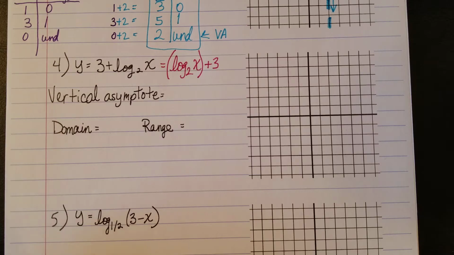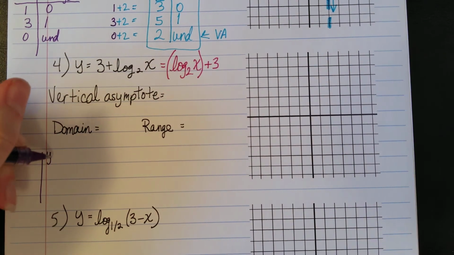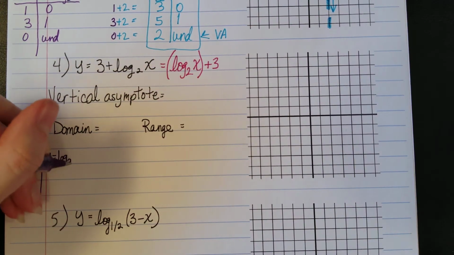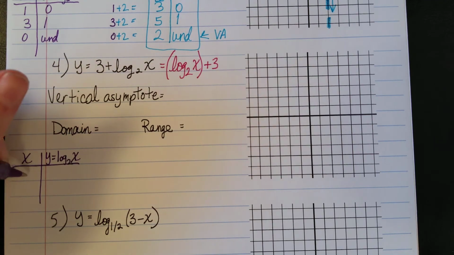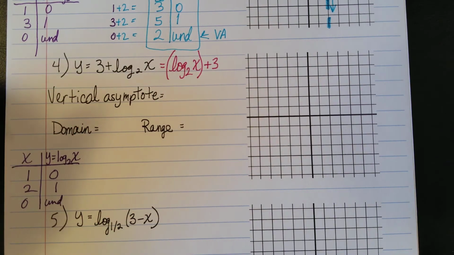Our parent function would be log base 2 of x. That would be 1, 0, 2, 1, 0, undefined. Then add 3 to the y's.